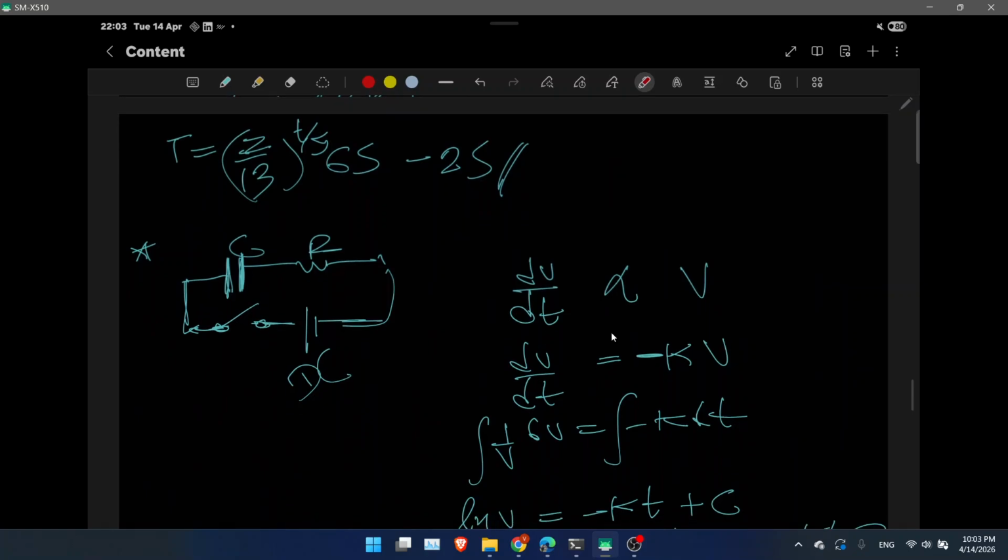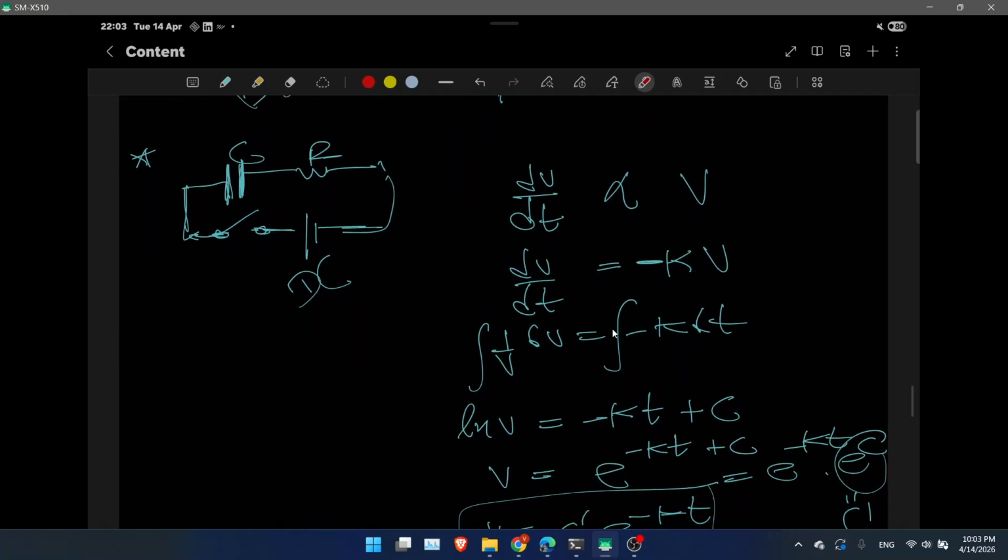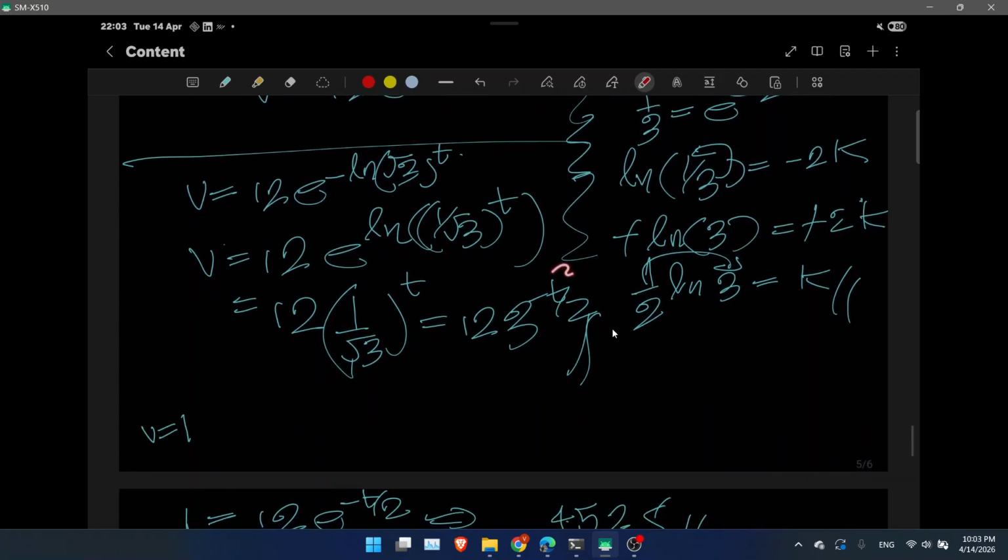It is the same as in your physics classes, where you memorize how the voltage across a capacitor dissipates. That curve comes from this kind of equation, after we apply the initial conditions.